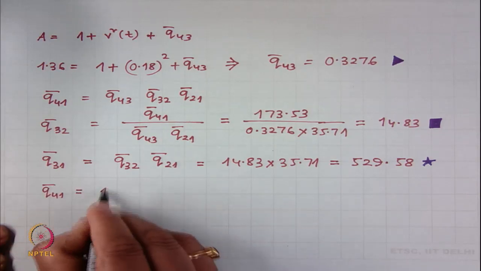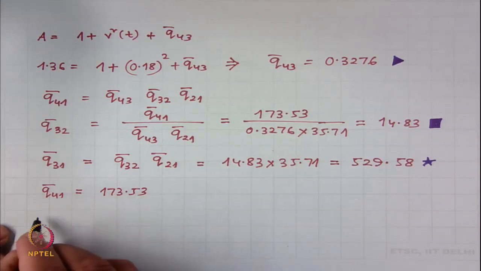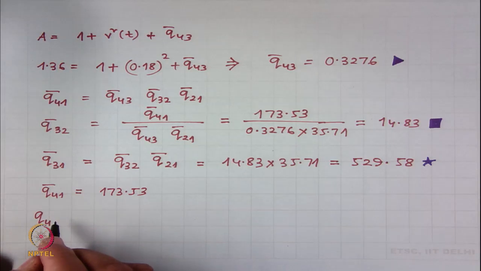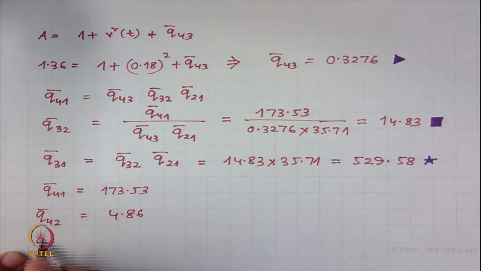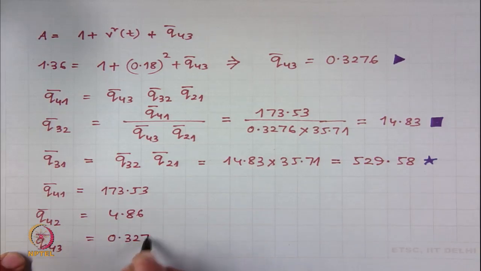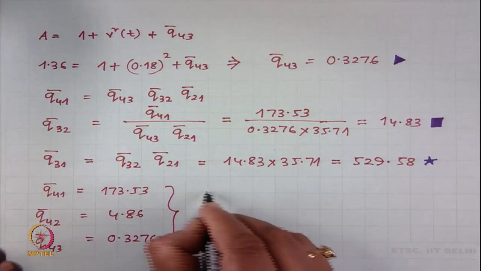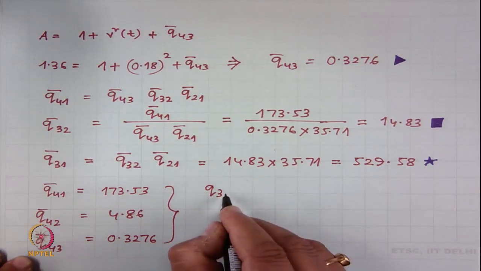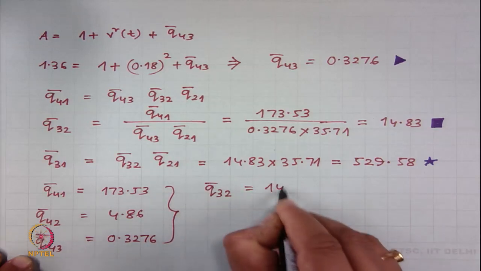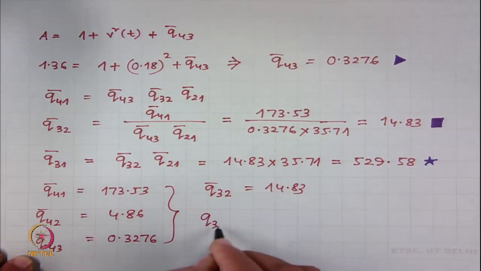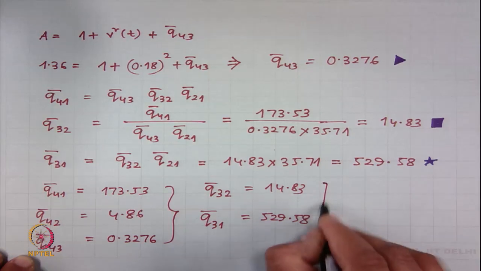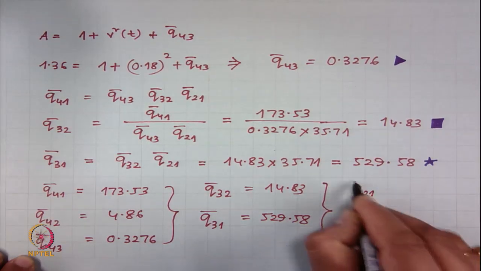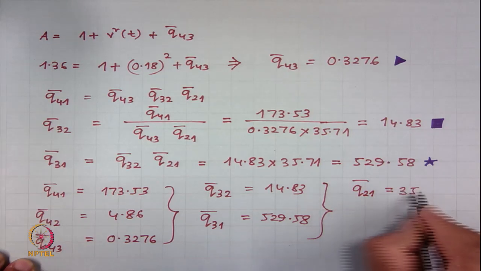So, now if we summarize all readings we have, 41 is 173 point this, 42 we have 4.86, 43 we have 0.3276, 32 we have 14.83, 31 we have 529.58, and also we have 21 we have calculated this.